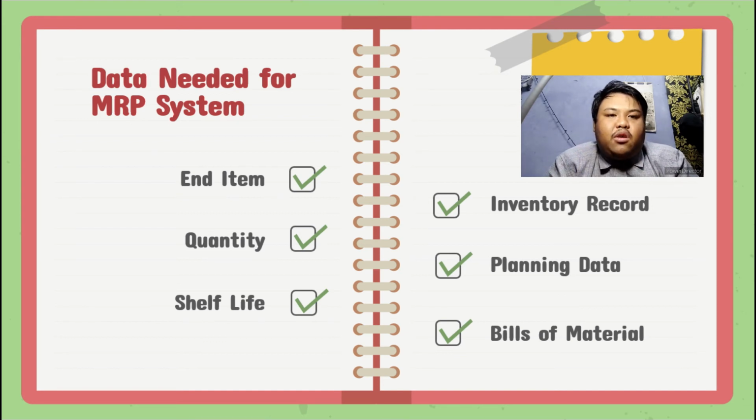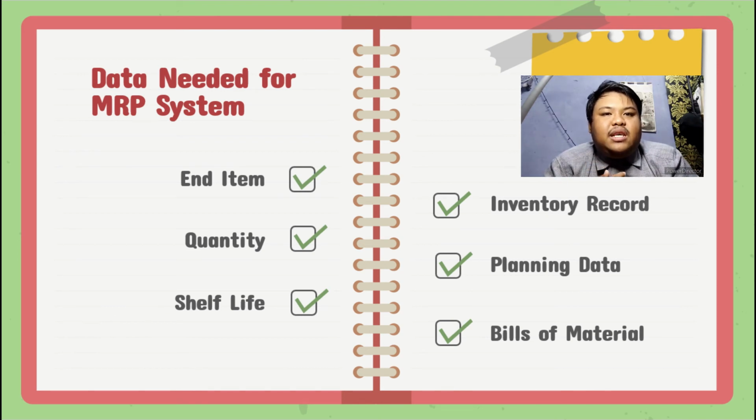Fourth, inventory records. There are records of materials available for use, work in progress, and completed. Fifth, planning data. Regarding this, restraints and direction such as labor, machine standards, testing techniques, and comments are required to use the MRP system.